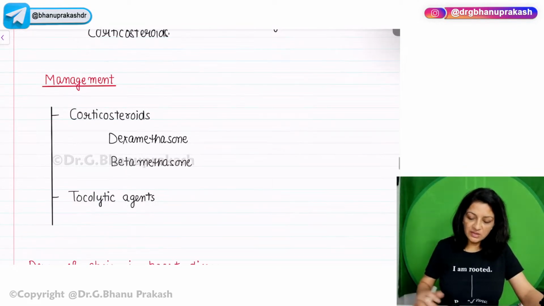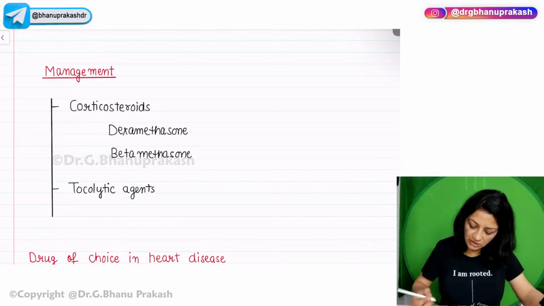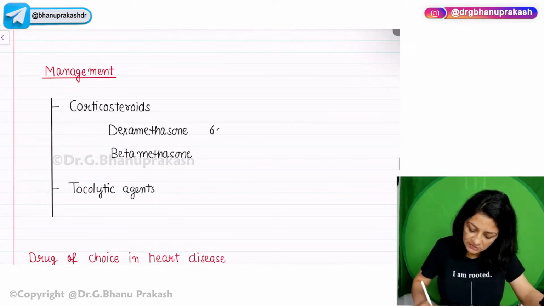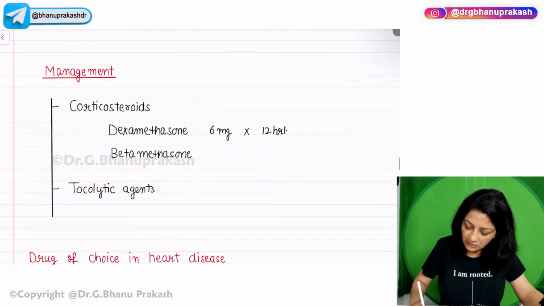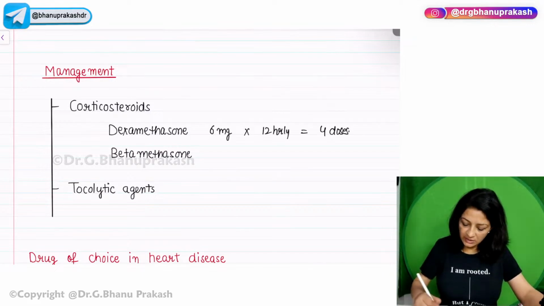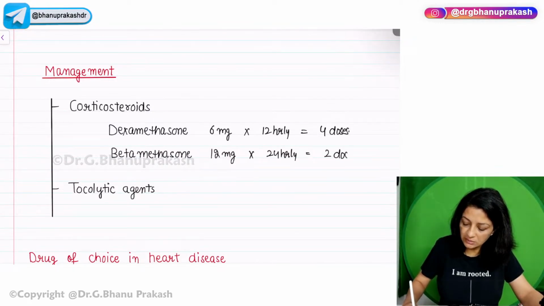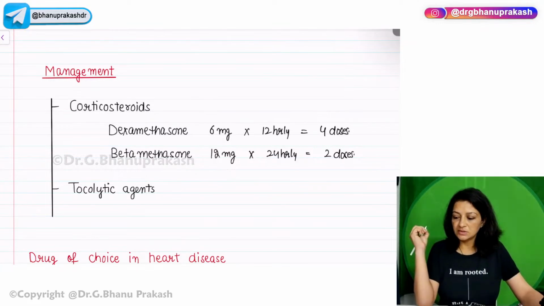First one is corticosteroids: dexamethasone for lung maturity, dose 6 milligrams 12 hourly up to 4 doses. And the second one is betamethasone 12 milligrams 24 hourly, 2 doses.